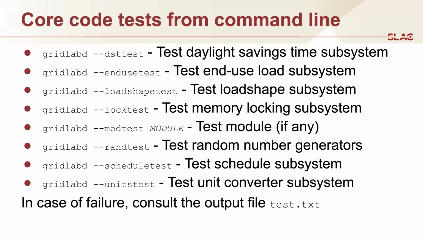And if you recall, in Gridlab-D, the simulator is actually aware of the daylight savings time rules at various locations in time zones and for various years. For example, the daylight savings time rules in North America last changed in 2006. And so that change should be verifiable, and this test does that.